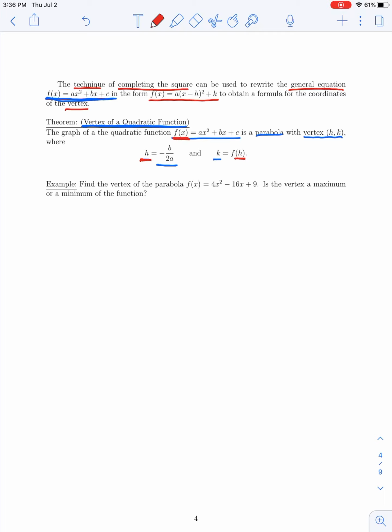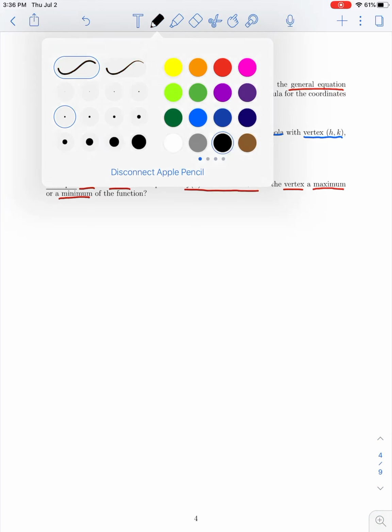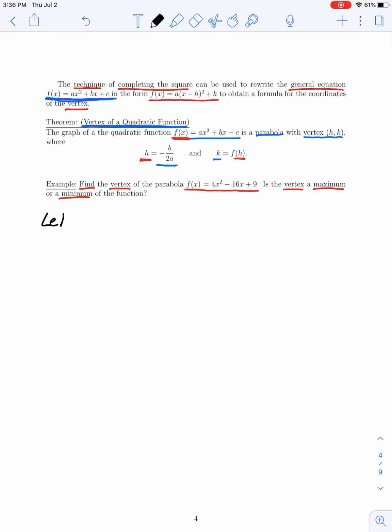So as an example, in this next problem, we are asked to find the vertex of the parabola 4x squared minus 16x plus 9. And then we ask the question, is the vertex a maximum or a minimum for this function? So here, we're going to take as our vertex the x-coordinate, which we refer to as h, as negative b over 2 times a.